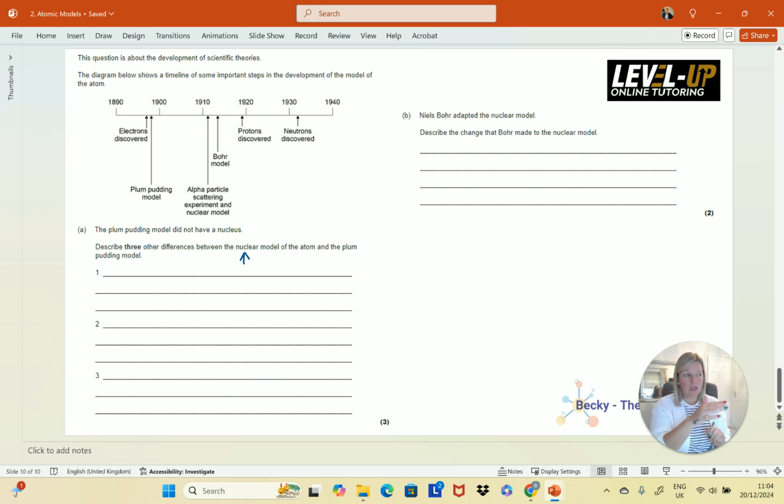So if you wanted to say it the other way around, if you said "its model is solid", referring to plum pudding, then you wouldn't get the mark, because the first one in the sentence is nuclear. As an examiner, I would be thinking that you mean that the nuclear model is solid, therefore you wouldn't gain the mark. However, if you said on the line, "the plum pudding model is more solid", you're in, because you've stated which one you're talking about.